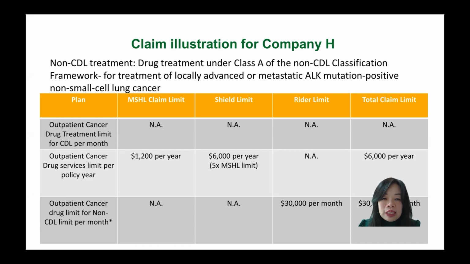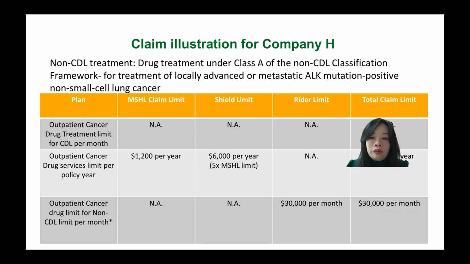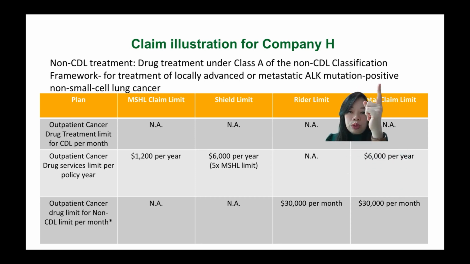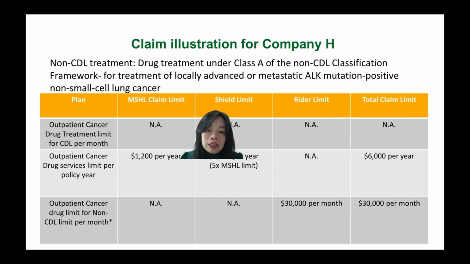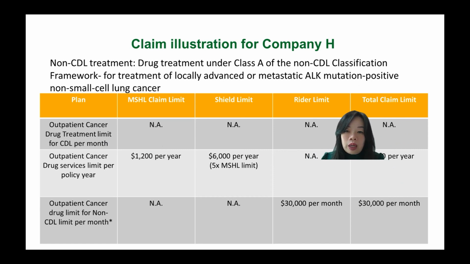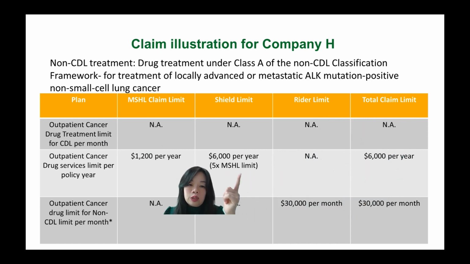In this illustration, let's say this particular drug is under class A of the non-CDL classification framework and is being used to treat lung cancer. Since it's non-CDL, the CDL benefit will not be applicable. Services benefit wise, it will be standard at $1,200 per year.